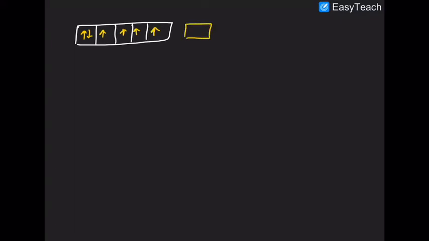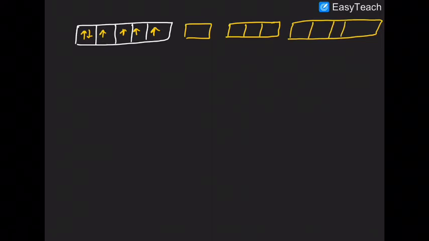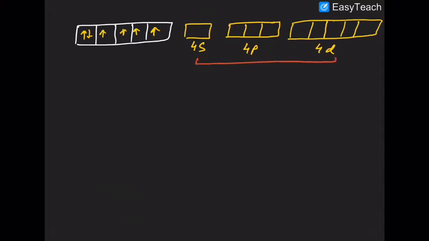So 4s, 4p, and 4d orbitals are being used. So this is 4s, that is 4d, okay. Now you have 6 fluoride anions as ligands.